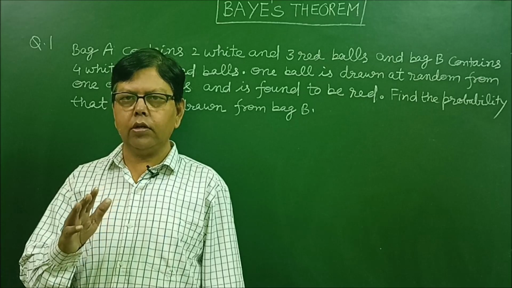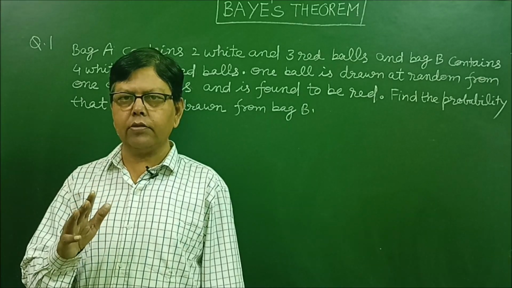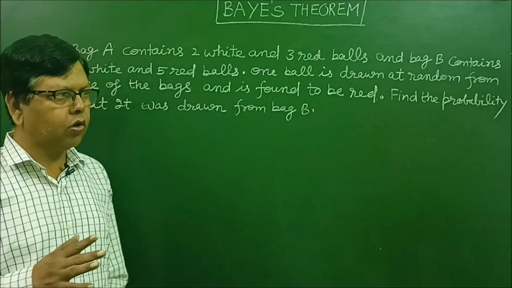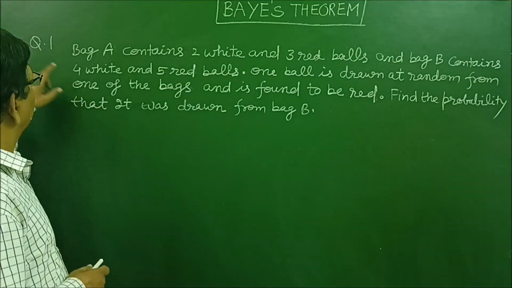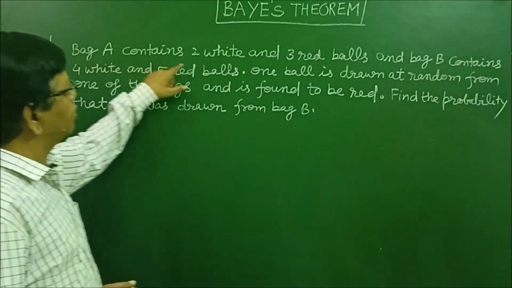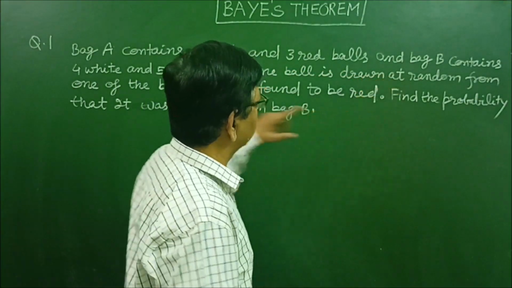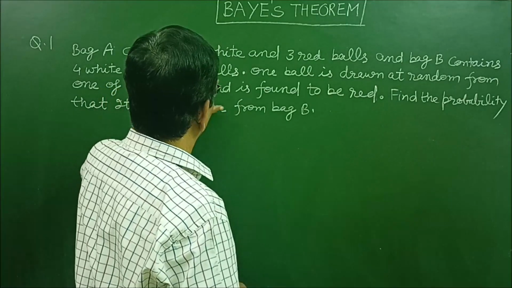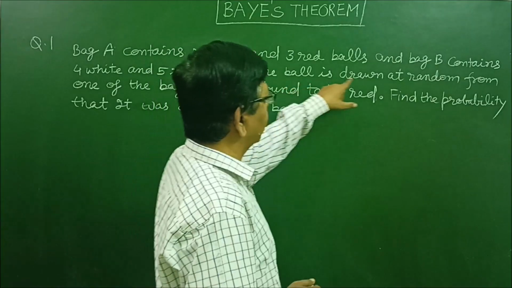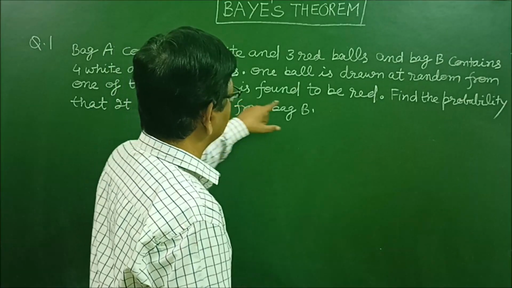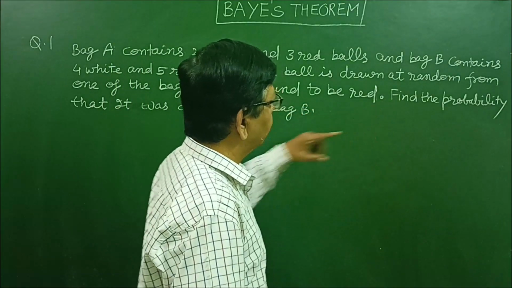Now this question number 1 will illustrate how to apply Bayes theorem in solving problems. The question is: bag A contains 2 white and 3 red balls and bag B contains 4 white and 5 red balls. One ball is drawn at random from one of the bags and is found to be red.